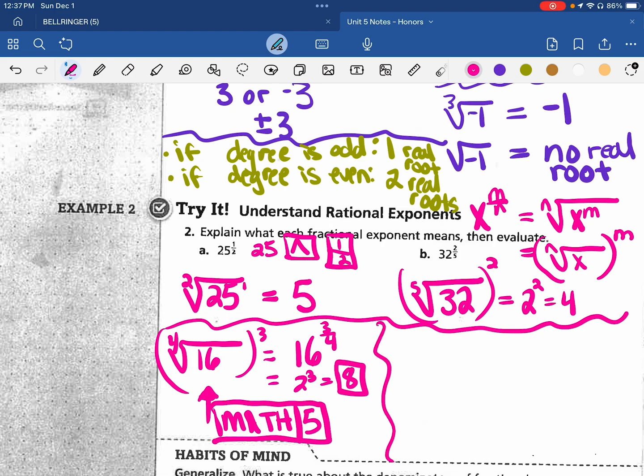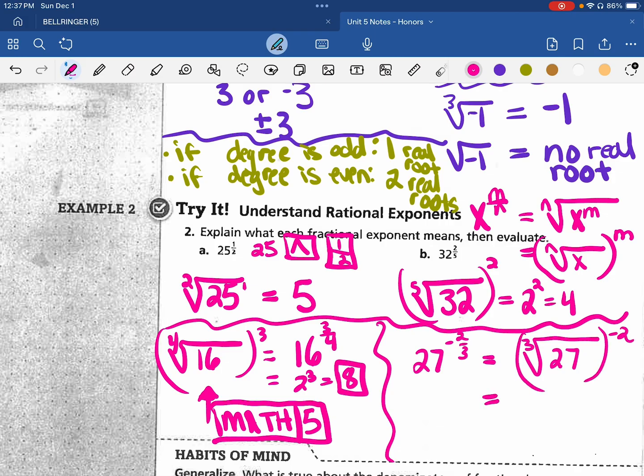Let's try another one. 27 to the negative 2/3 power. All right, if it said write that in radical form, you would put 3 as your index, 27 to the negative 2.